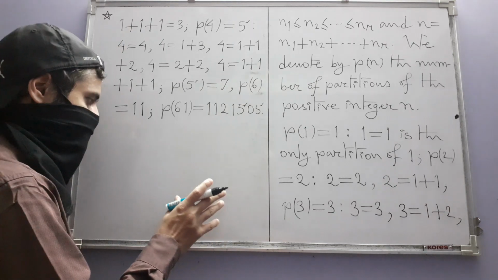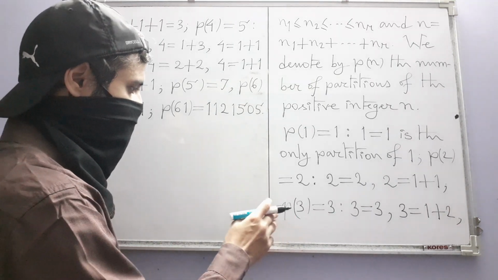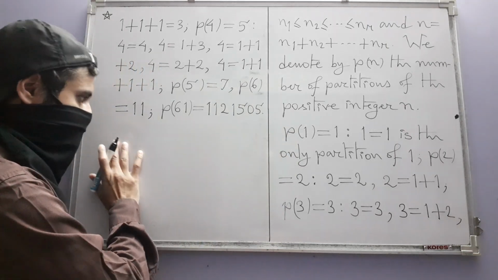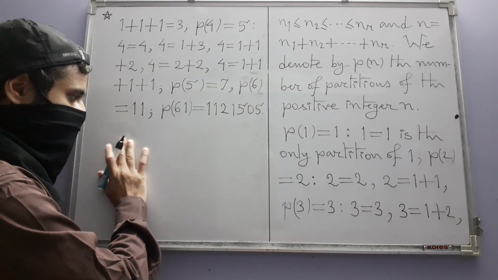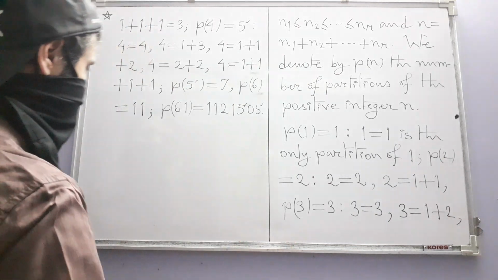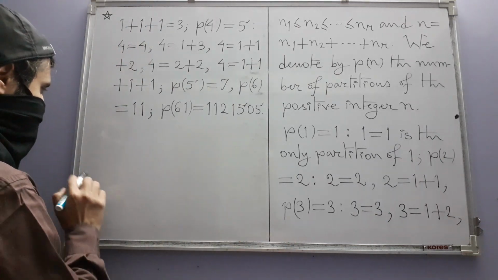Now, what is the relationship between these partitions, or rather the number of partitions, and the permutations in Sn? That relation comes like this.